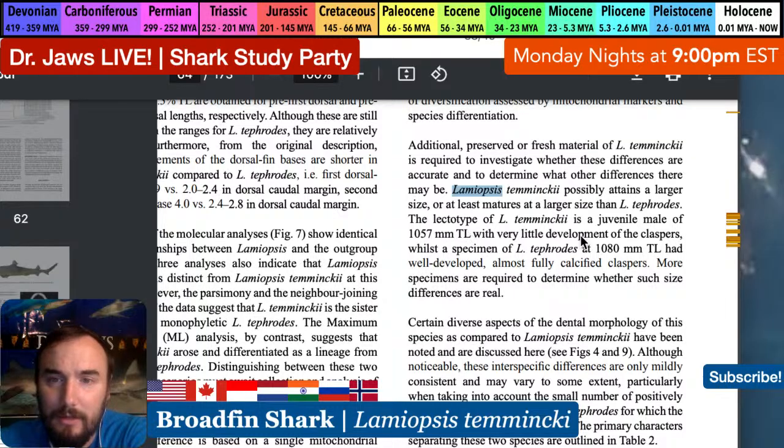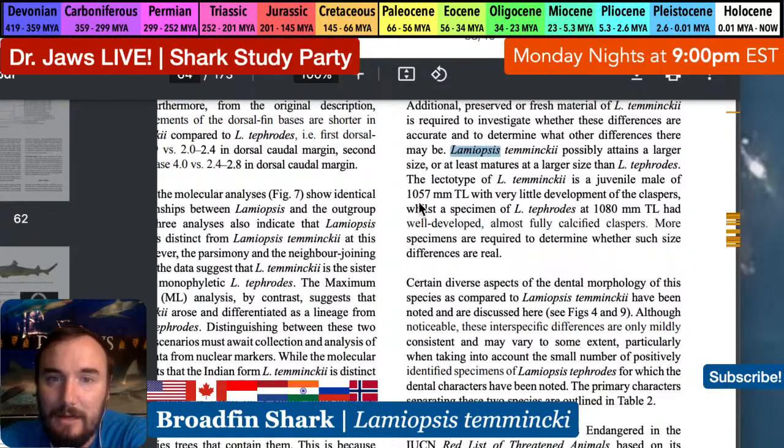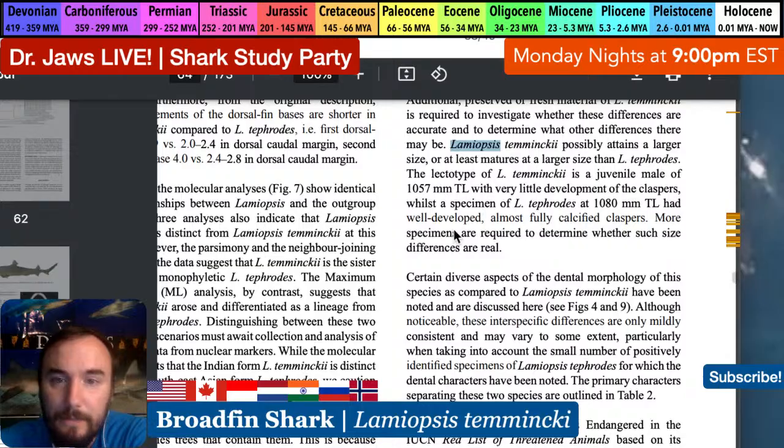So it's really interesting that a male broadfin shark at about a meter is not quite an adult, but a male Lamopsis tephroides at a meter is an adult with calcified claspers. Awesome, thank you, Howard. Much appreciated. More specimens are required to determine whether such size differences are real.